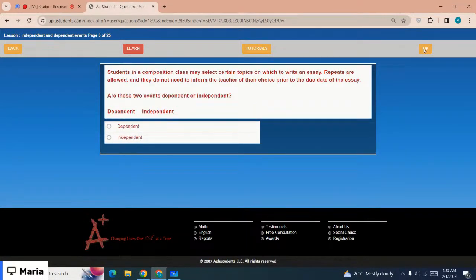Students in a composition class may select certain topics on which to write an essay. Repeats are allowed, and they do not need to inform the teacher of their choice prior to the due date of the essay. Are these two events dependent or independent?